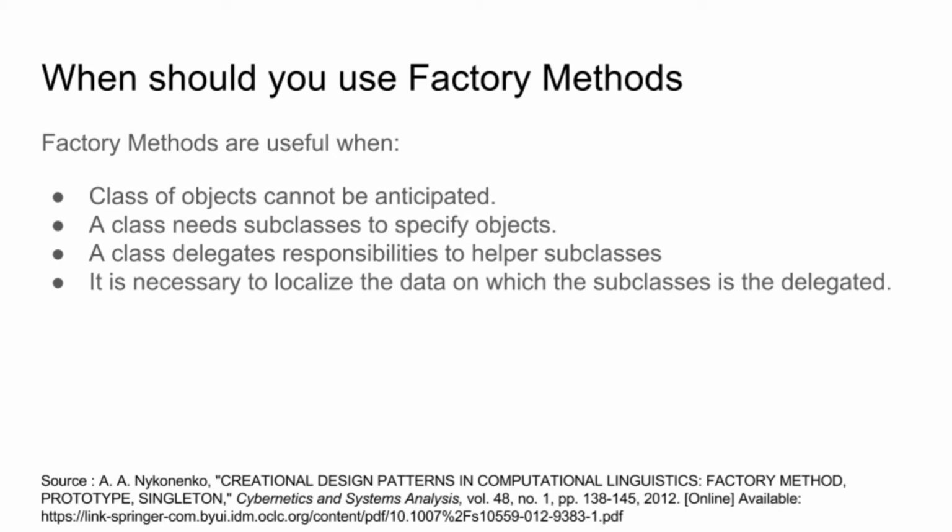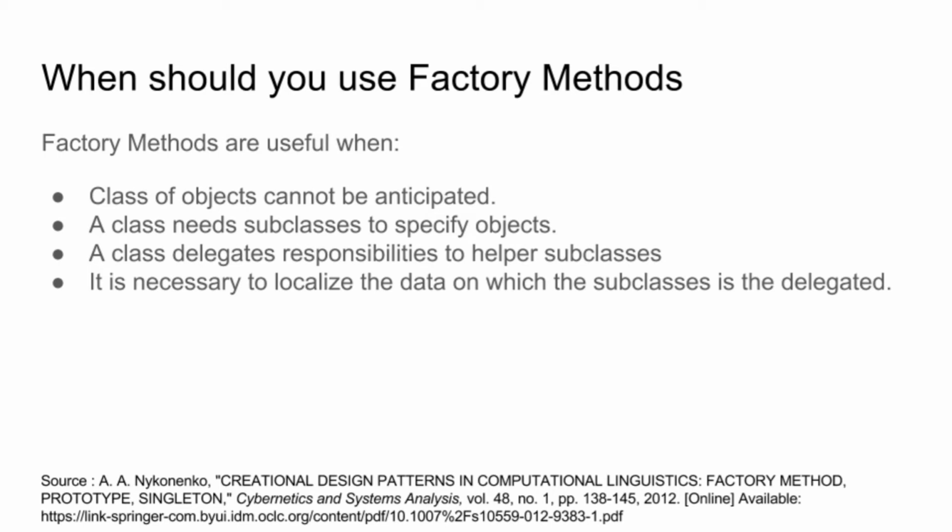The article goes on to list a few other conditions that should be met for the factory pattern to be useful. First, if a class cannot anticipate the class of objects that it must create, this might be because a user might have a few options to select from for creating the object.